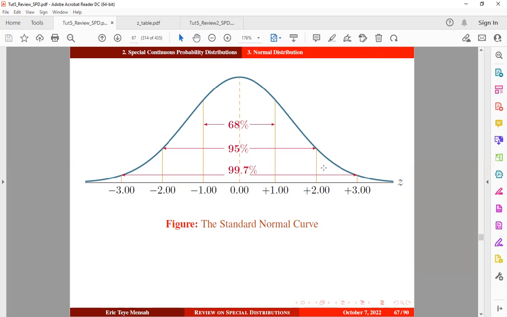Based on the standard normal curve, there is a rule of thumb known as the empirical rule, which is often used as a descriptive tool only when the data tend to be roughly bell-shaped.